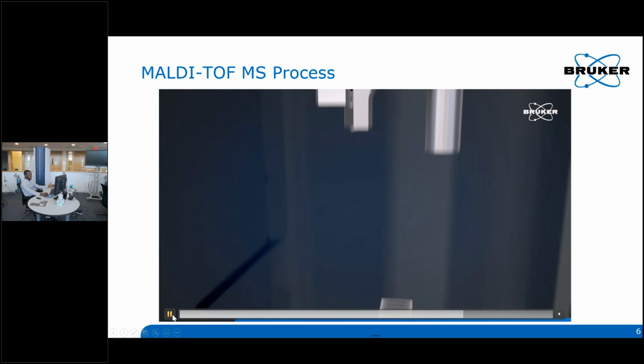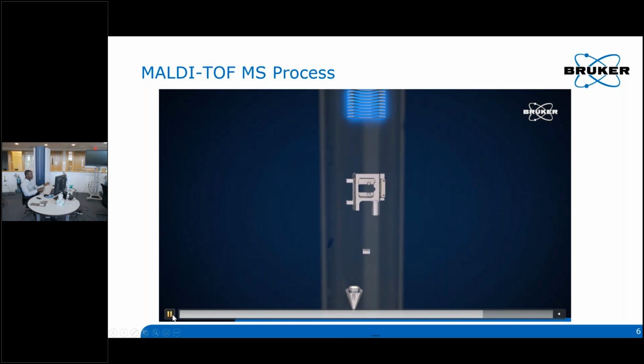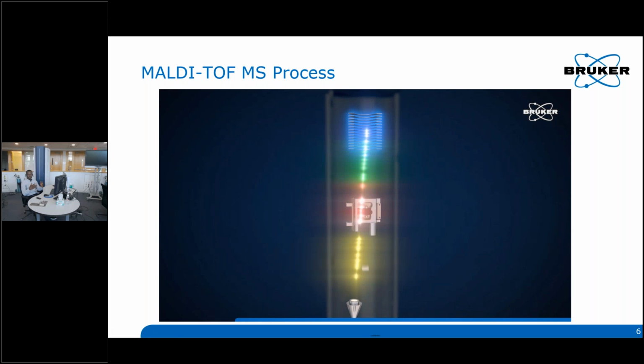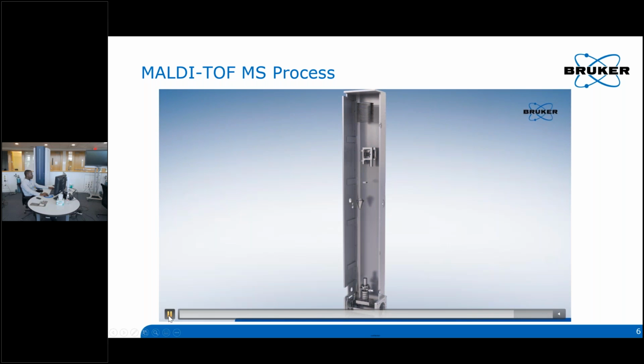It extends the flight distance, giving the ions more time to separate, but also these reflector plates help focus your ions onto the detector better than in linear mode. Both of those things make for higher resolution in reflector mode than you would get in linear mode.